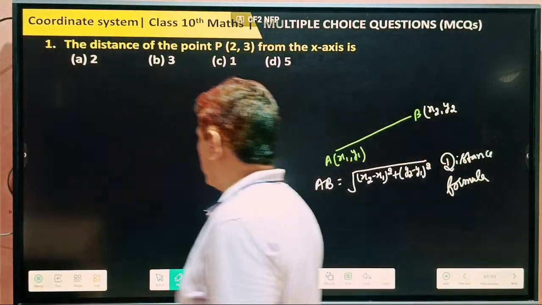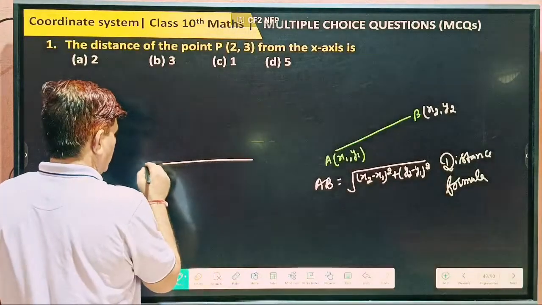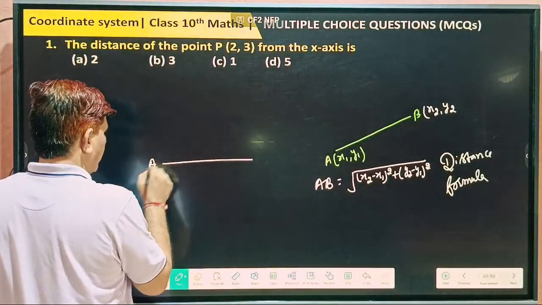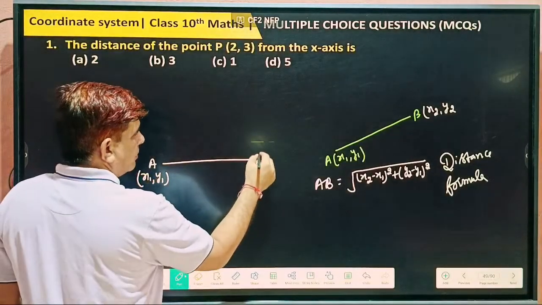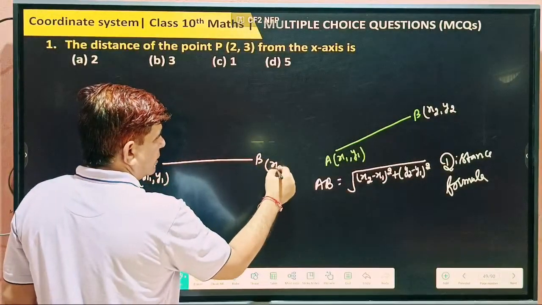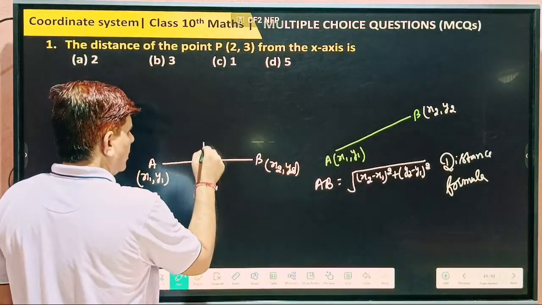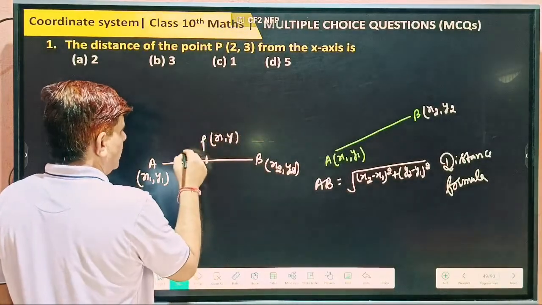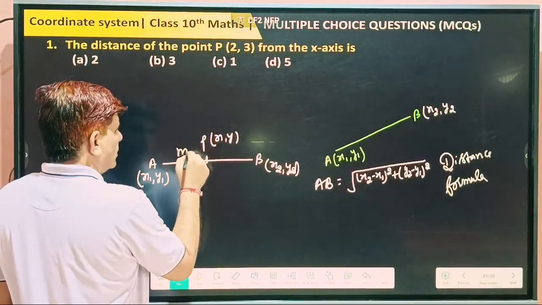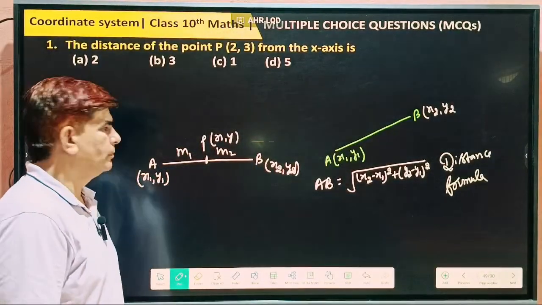Next is the section formula. We have a line segment like this whose coordinates are x1, y1. B is a point whose coordinates are x2, y2, and this is a point P whose coordinates are x and y. This point P divides it in the ratio m1 to m2.